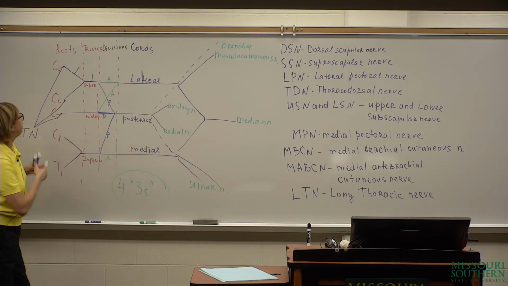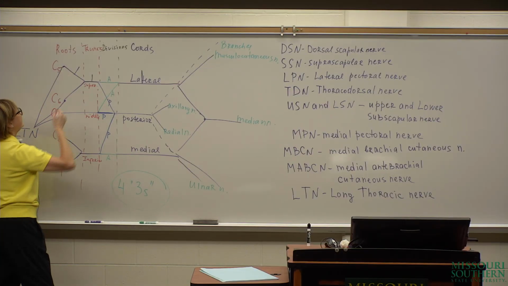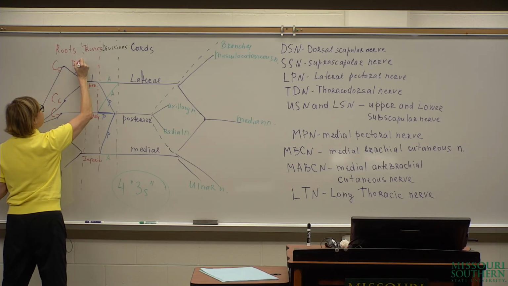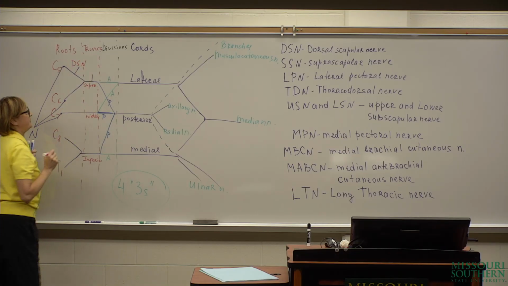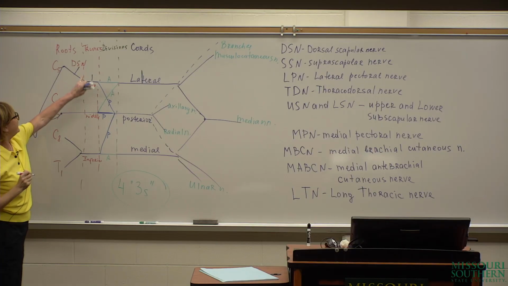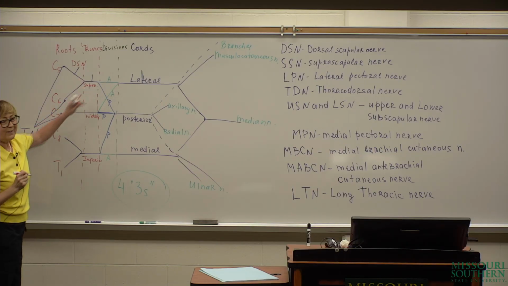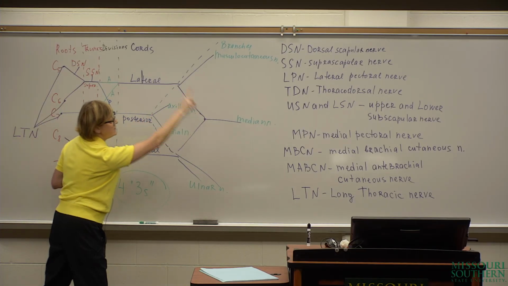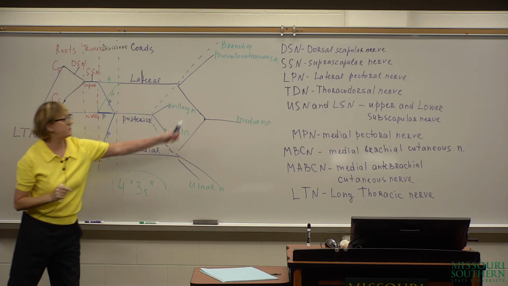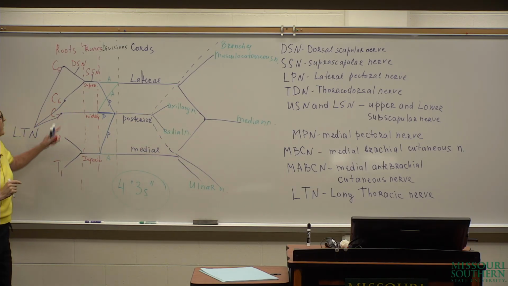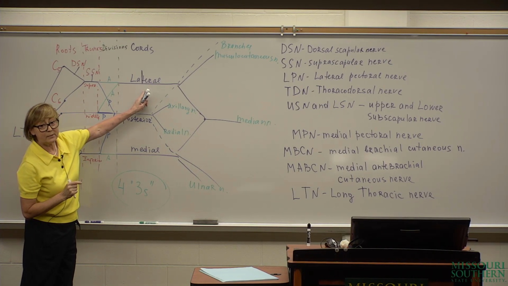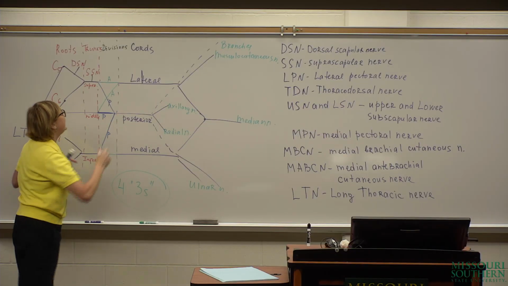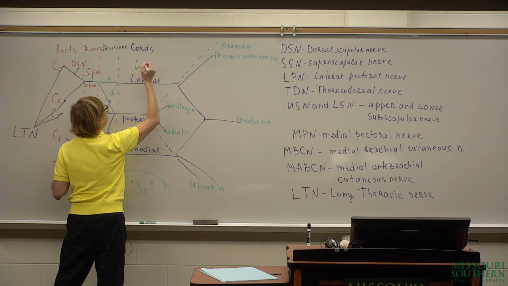The nerve that comes directly from the C5 root, dorsal scapular nerve. The nerve that comes from the superior trunk is the suprascapular nerve. Once again, abbreviations you can find in this list. And the nerve that comes from the lateral cord is the lateral pectoral nerve.